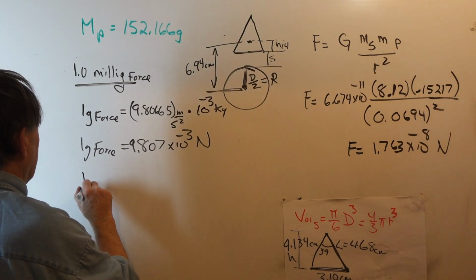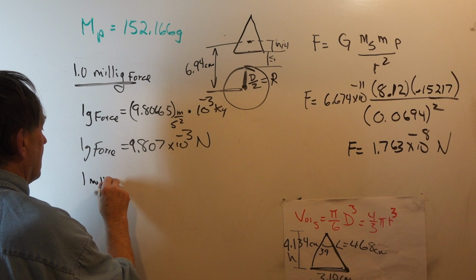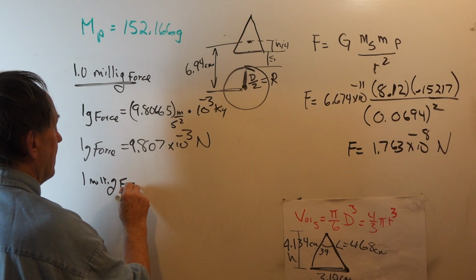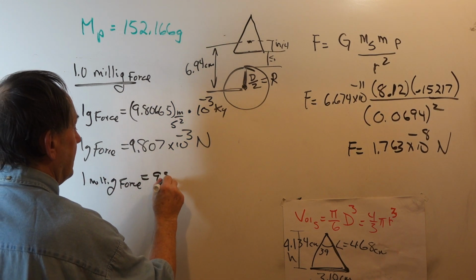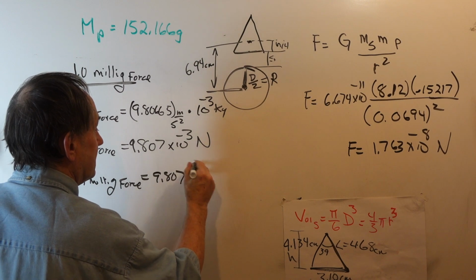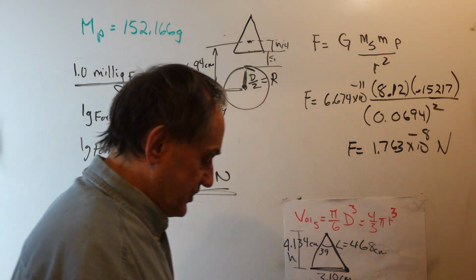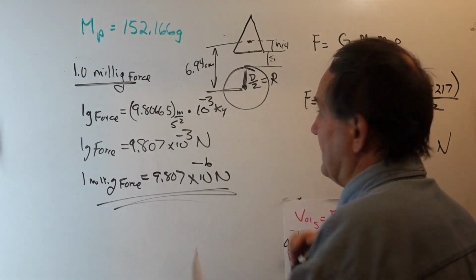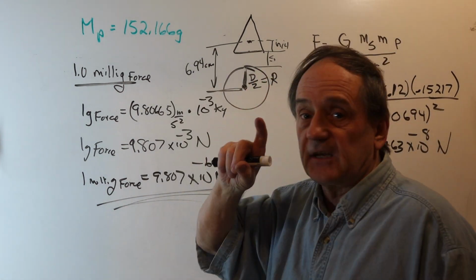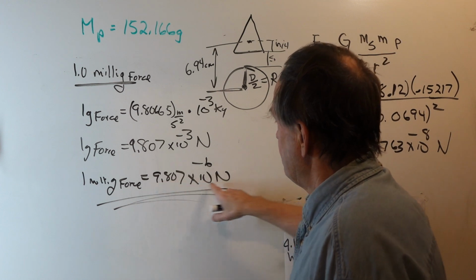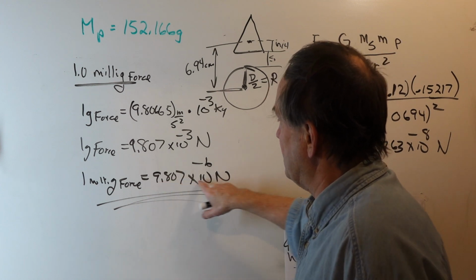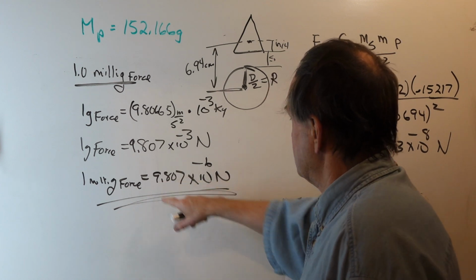So 1 milligram force is 9.807 times 10 to the minus 6 newtons. That's the force change that the scale is indicating. When it changed the last digit from a 6 to a 7, it is telling us that the force being registered is this.